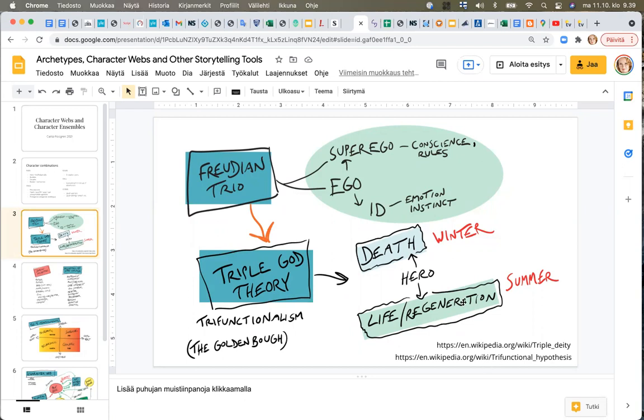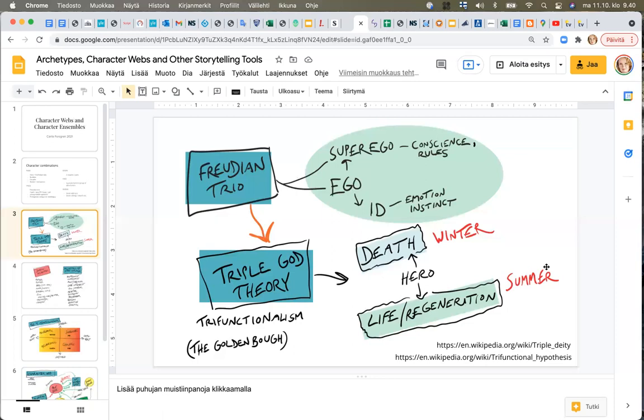One of them is again three characters: one of them is the hero who goes sometimes to the winter character or the death character, and sometimes to the life and regeneration and summer character or god, and all three of them have somehow godly powers.